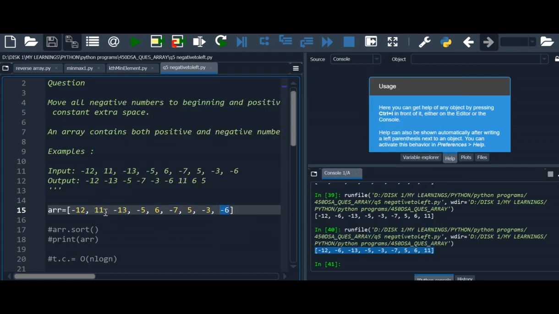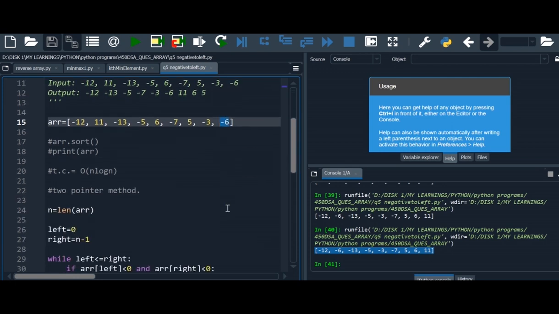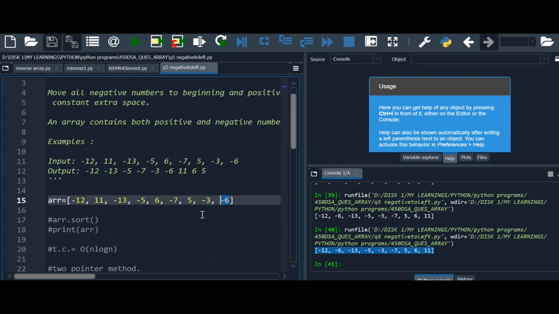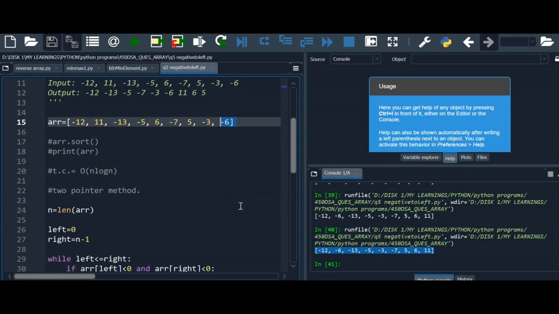Now we have these two values, 11 and minus 6, which is the case where the value at left index is positive and the value at right index is negative. So we will just swap them, because we need the negative values on the left-hand side and the positive values on the right-hand side.